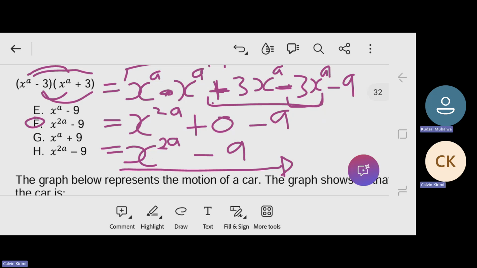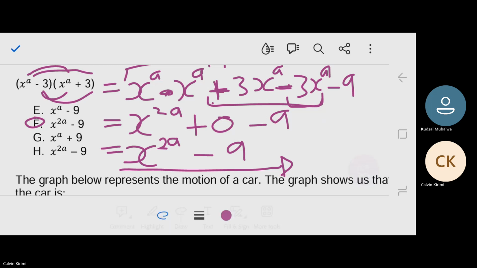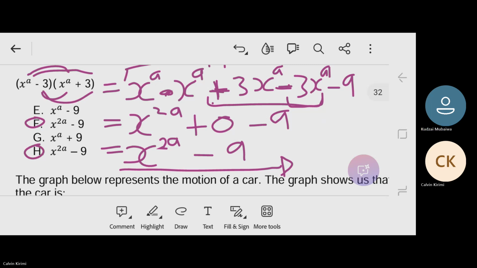So there we're having two answers. Even H is also correct. Yes, sir. H is also correct, x to the power 2a minus 9. Okay.